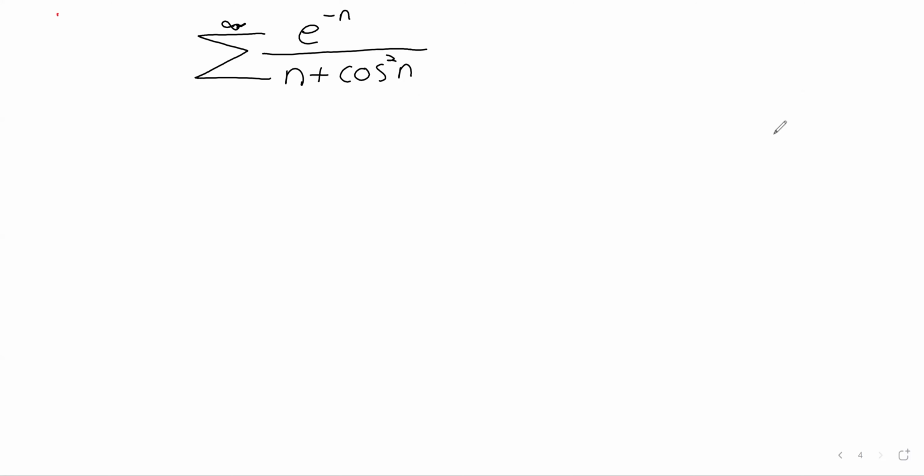So this n plus the cosine squared of n, we can decrease this in a pretty serious way. Obviously, we can't just literally cross everything out. We don't want a division by zero error. But n is greater than 1.